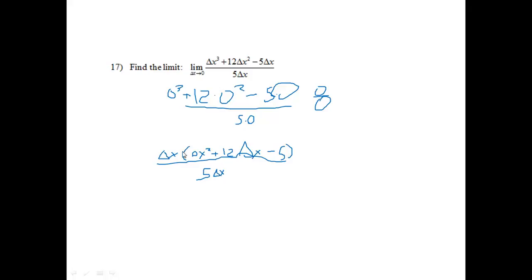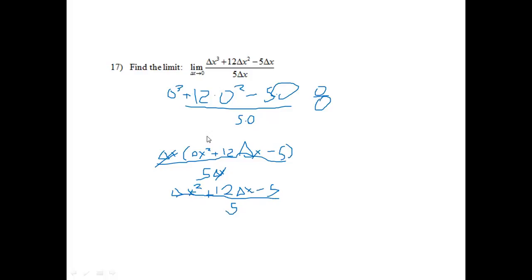Okay, and then I noticed my delta x's will cancel. That was much easier to do. And so I am left with delta x plus 12 delta x minus 5 all over 5.